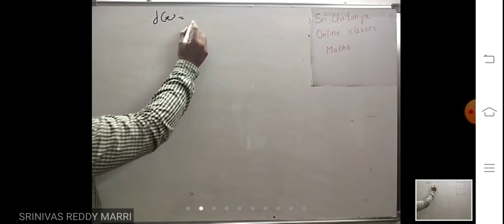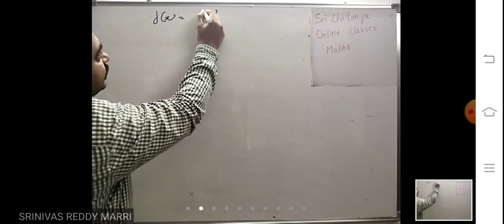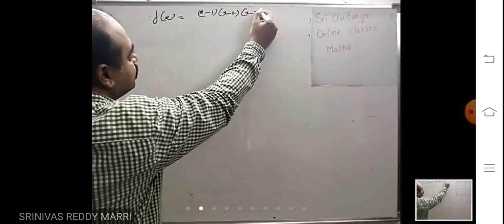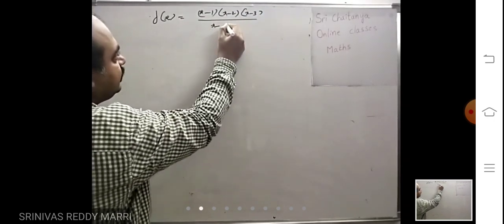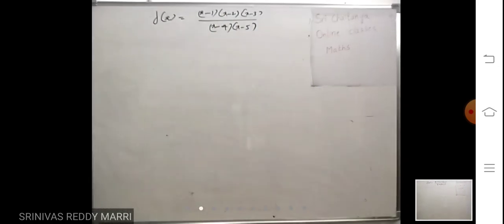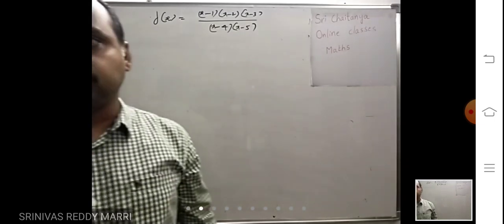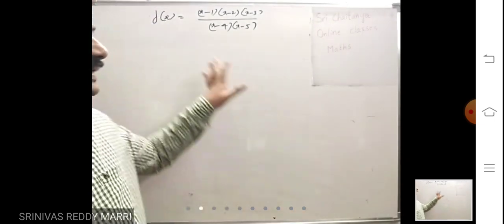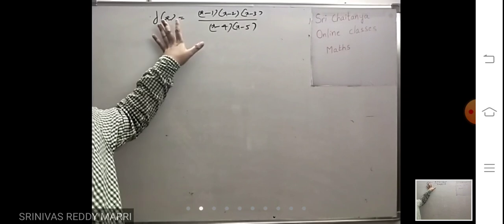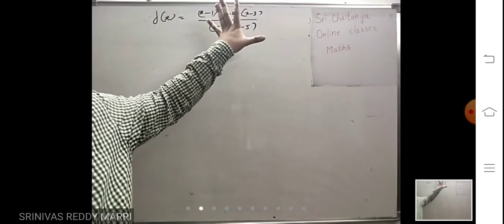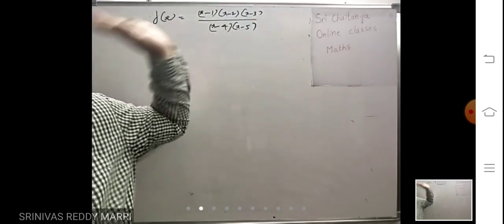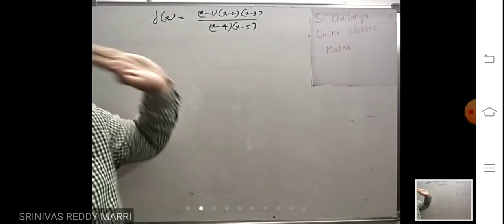Look at x minus 1 into x minus 2 into x minus 3 divided by x minus 4 into x minus 5. Suppose like this, some expression. F of x means I have not started functions yet. F of x means just an expression in x. That's all. Right hand side it is in x. An expression in x is called a function f of x.